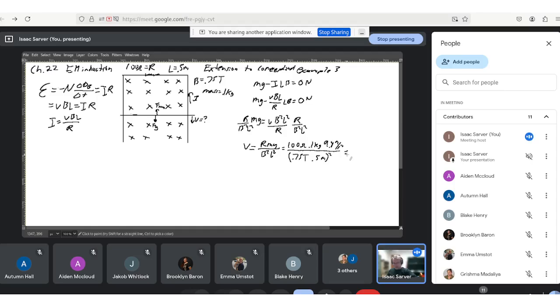Calculator, what is this value? 100 times 0.1 times 9.8 divided by 0.75 times a half, squared, equals 697 meters per second.